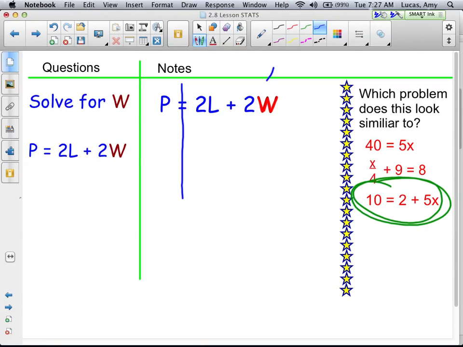So the married couple part is the 2W. We're not going to do anything with that first. It's the plus 2L, so we are going to subtract 2L on both sides.